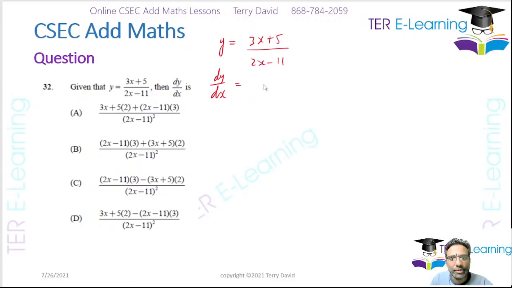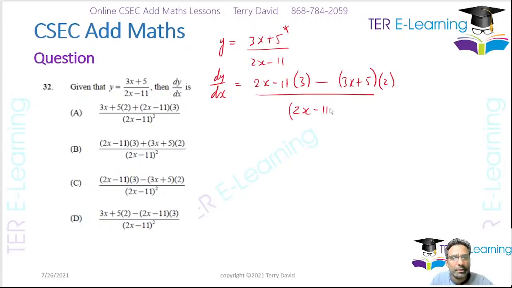So what we're going to do is take the bottom part of the formula, 2x minus 11, and multiply by the differential of the top. When you differentiate the top, you get 3, minus the top, which is 3x plus 5, multiplied by the differential of the bottom, which is 2, all over (2x minus 11) squared.